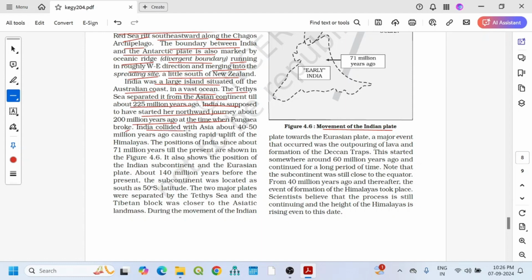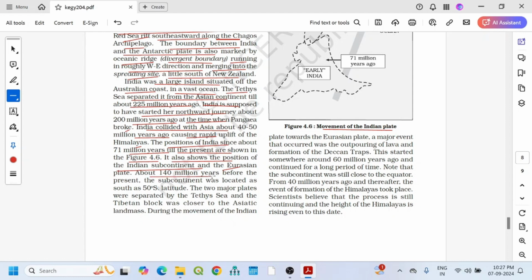So India collided with Asia about 40 to 50 million years ago, causing rapid uplift of the Himalayas. The position of India since about 71 million years ago till the present is shown in Figure 4.1. It also shows the position of the Indian subcontinent and the Eurasian plate.